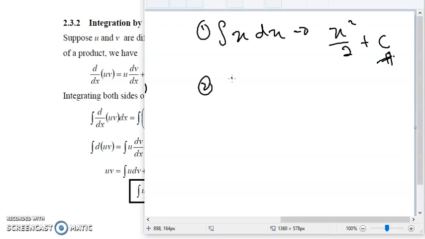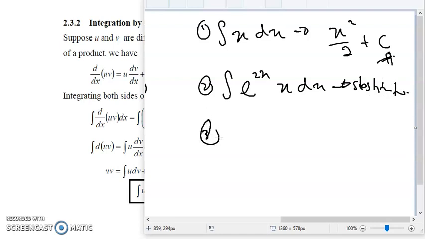Next, if you have e power of 2x and then x dx, maybe you can use the substitution technique. And then the next one, let's say if you are having a little bit hard one, where you cannot use the substitution technique, as an example, maybe you'll be having x squared and then ln x cubed here, with respect to x.